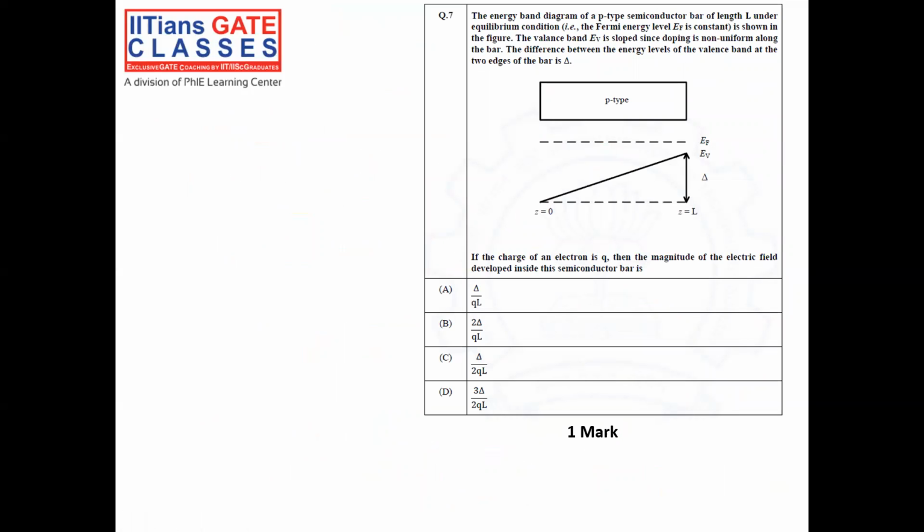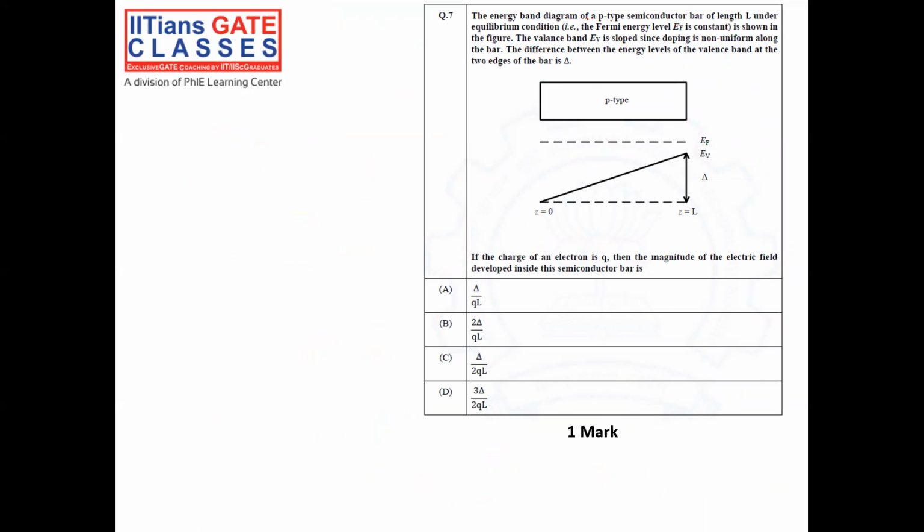So the next question is a good question actually. What it is asking is the energy band diagram of a p-type semiconductor bar of length L. What is a p-type semiconductor?